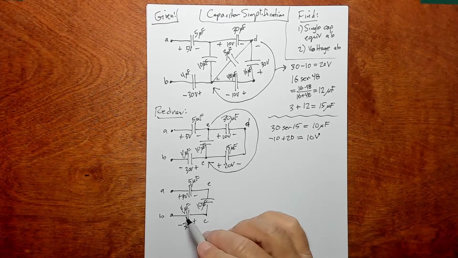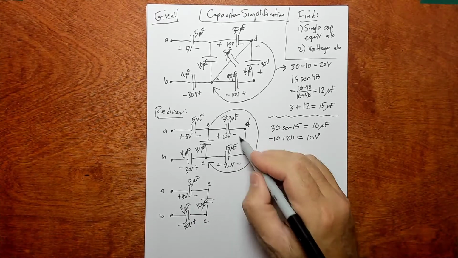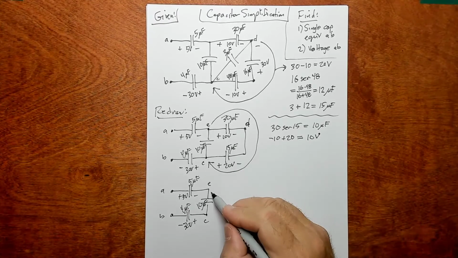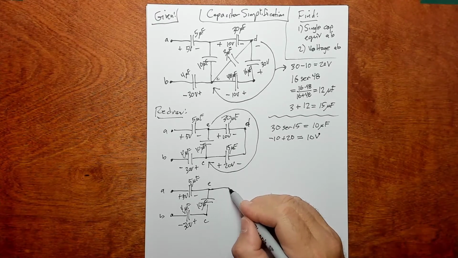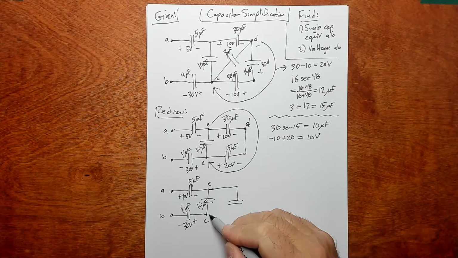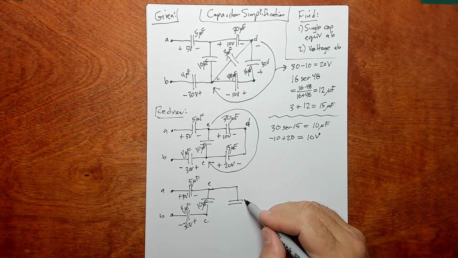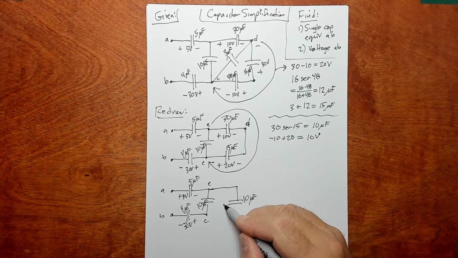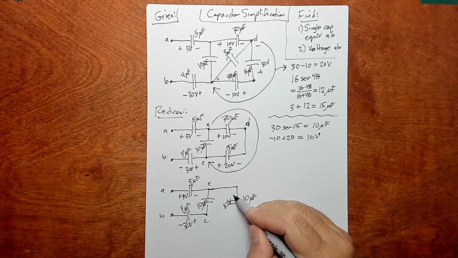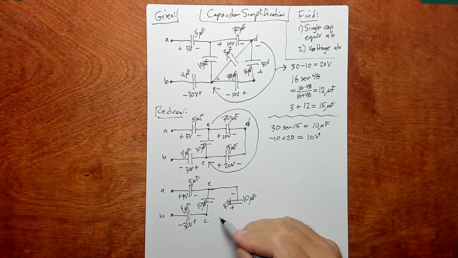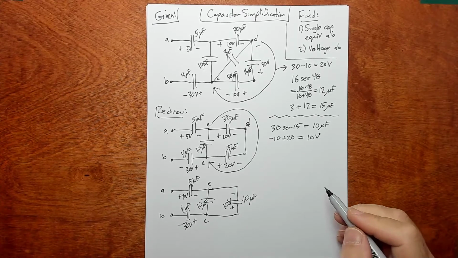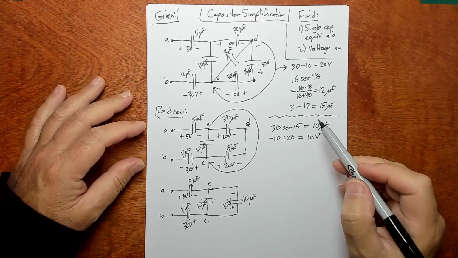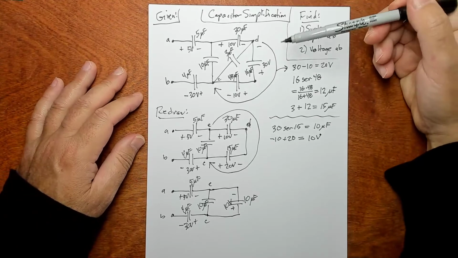Okay, these three are the same, and then I simplified these two, as shown over here, and the result was a 10 microfarad with 10 volts rising. Just one more time.